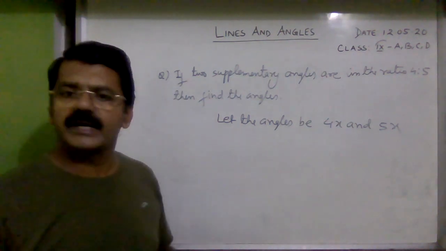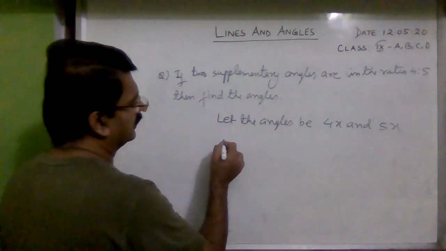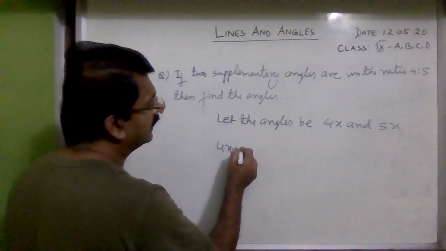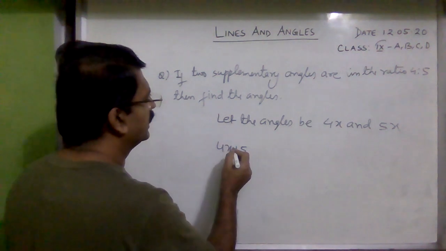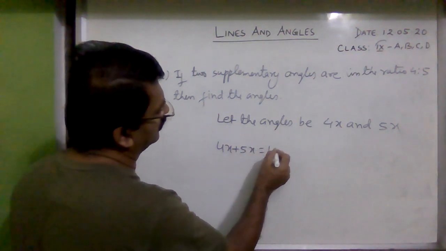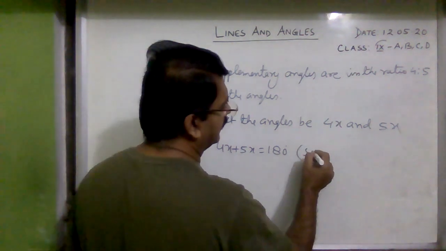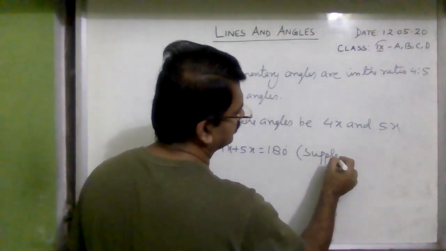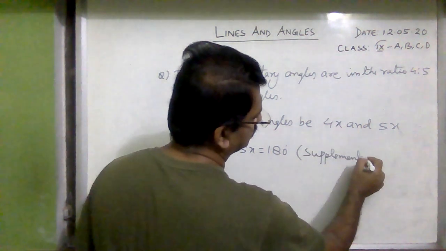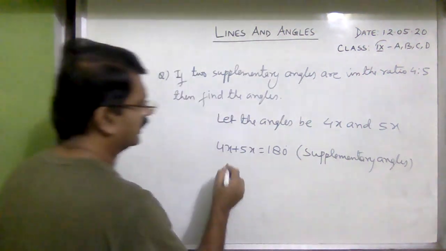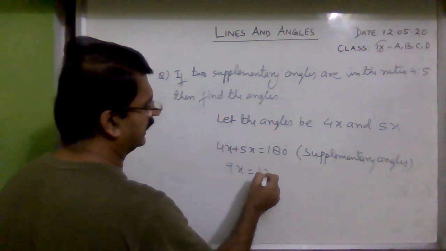Now, as it is given that they are supplementary, their sum must be 180. So 4x plus 5x is equal to 180 degree. The reason you will write is supplementary angles. Now 9x is equal to 180.